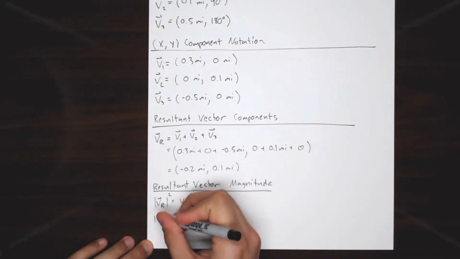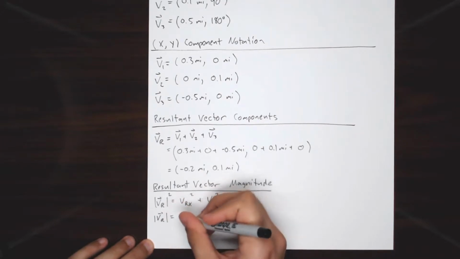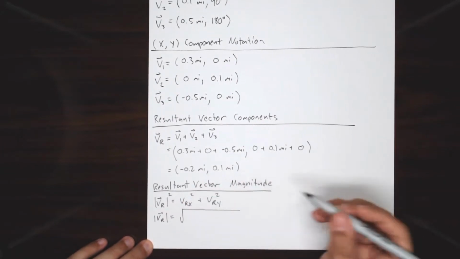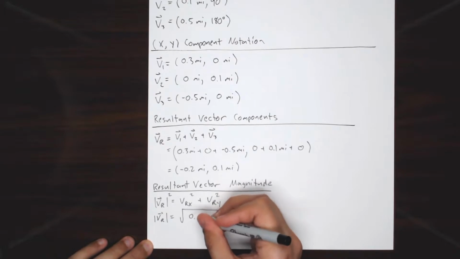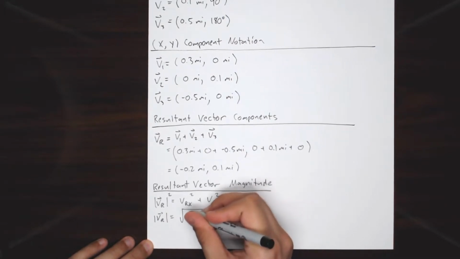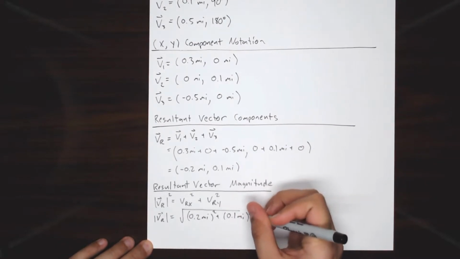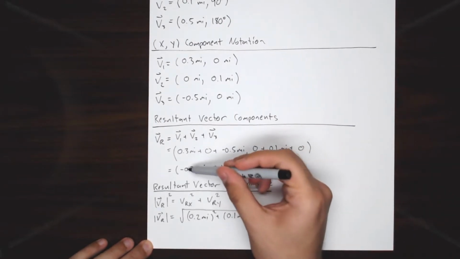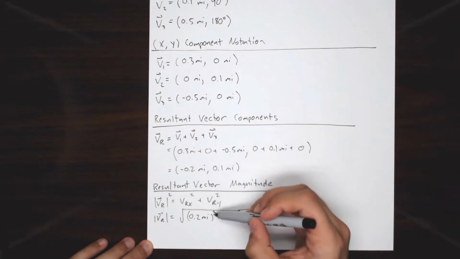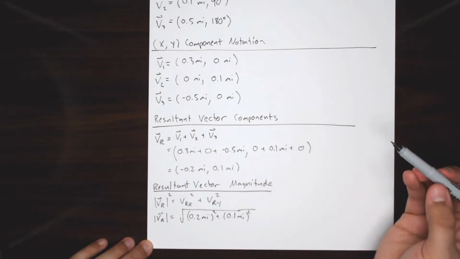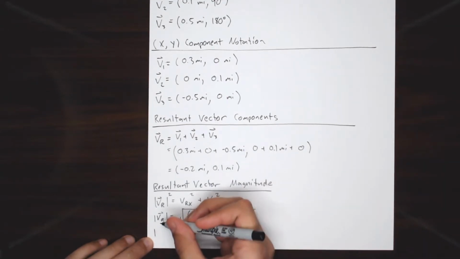And we can just take the square root of both sides and then have the magnitude of VR is going to be the square root of these two quantities. So here's the 0.2 miles squared plus 0.1 miles squared. And you can notice that I dropped a negative sign here, but that's okay because it's getting squared anyways. So it'll be the same value.